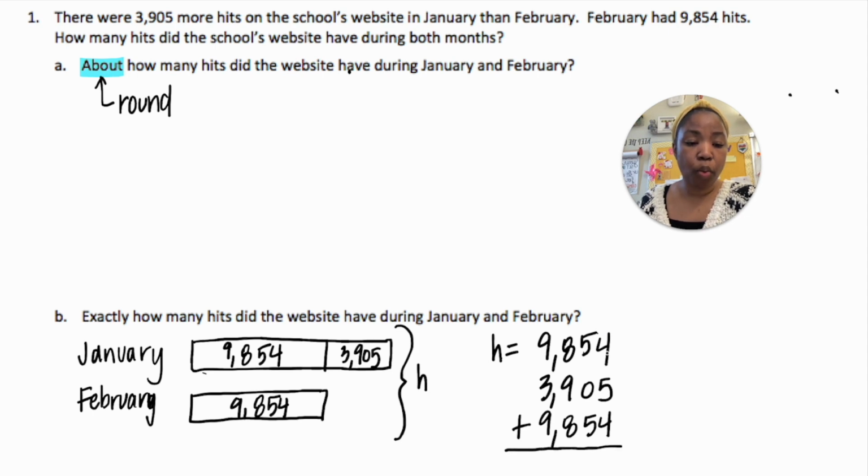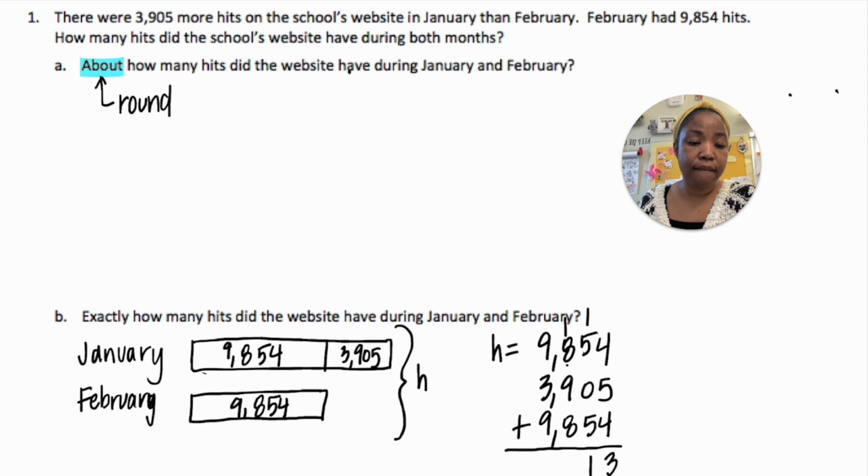I'm going to start in the ones. 4, 5, and 4 is 8 and 5 is 13. So I'm going to write a 3, regroup 1. Then I have 5, 1, 0, and 5. That's 11. Regroup 1.